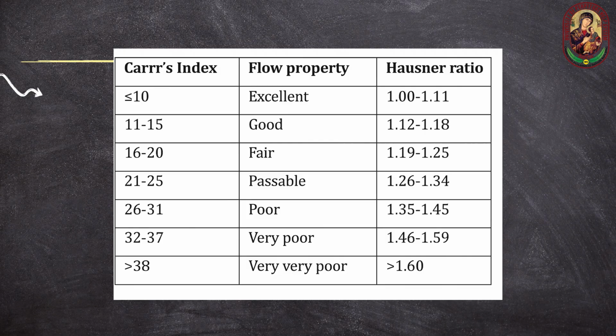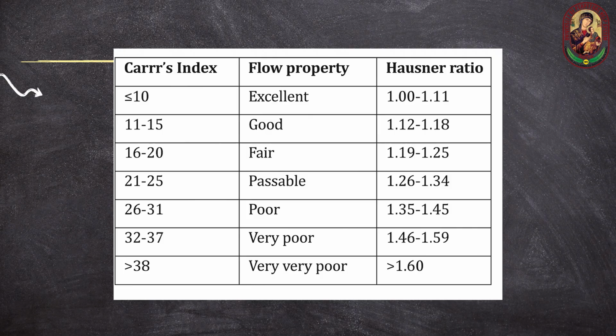This table shows the relationship between Carr's index and Hausner ratio. If Carr's index is below 10% and Hausner ratio is around 1.00 to 1.11, the flow is excellent. But if Carr's index exceeds 30% or Hausner ratio goes above 1.45, that powder is very poor or cohesive.